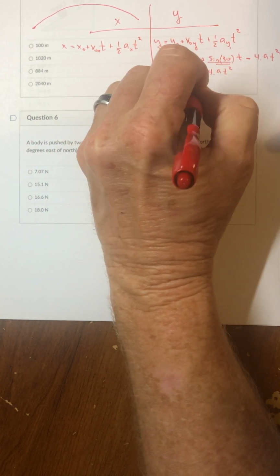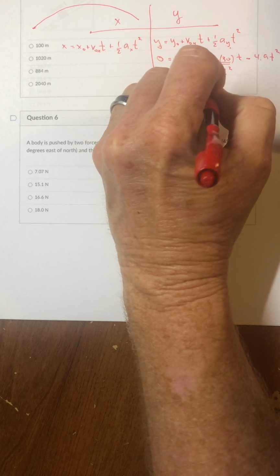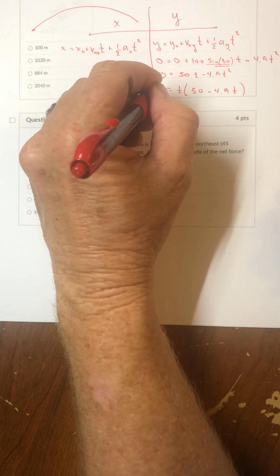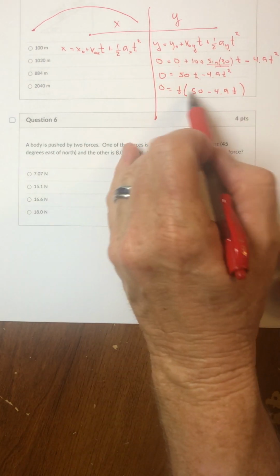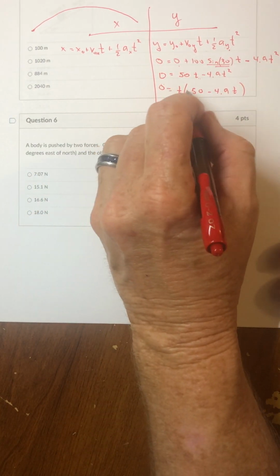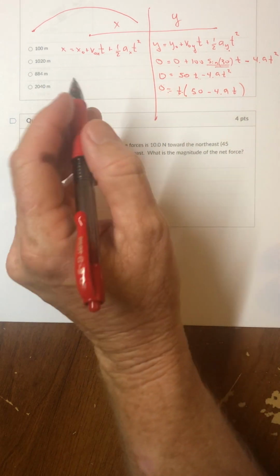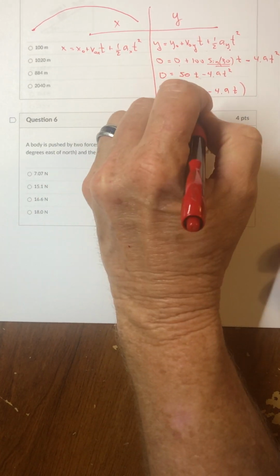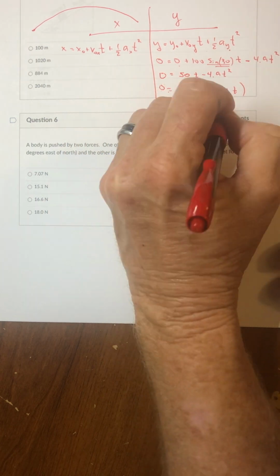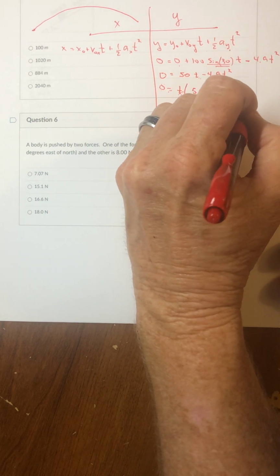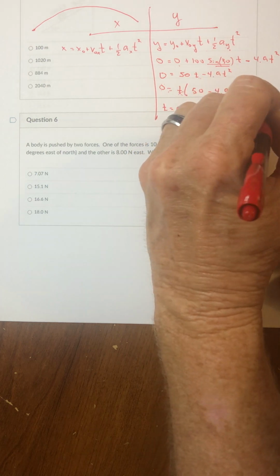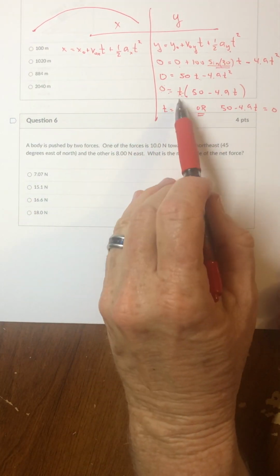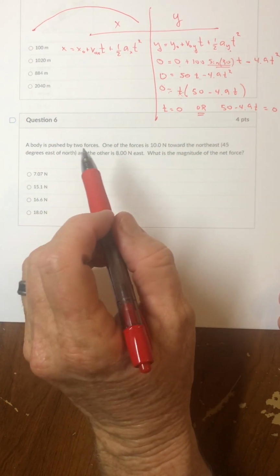So you can just factor out one of the t's from each term. And this is why this becomes so easy. If you've got 2 things that multiply together to give you 0, either the first one has to be 0 or the second factor has to be 0. And so either this one's 0 or that one is 0.